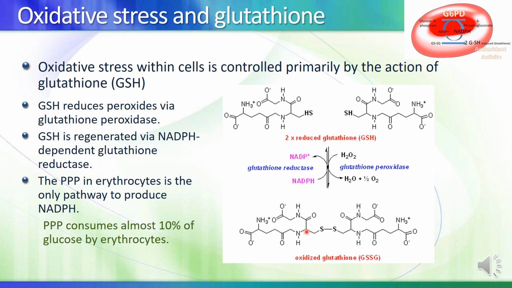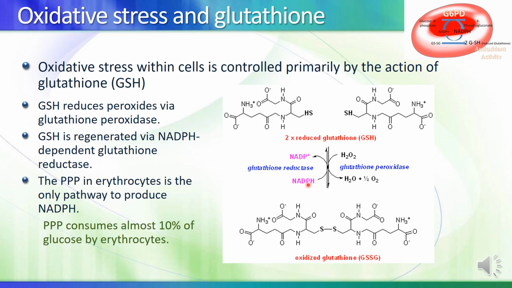Now, in order for red blood cells or any other cell to fight more of these oxidizing agents, the oxidized glutathione must be regenerated, and it is regenerated by the enzyme glutathione reductase. The source of electrons is NADPH.